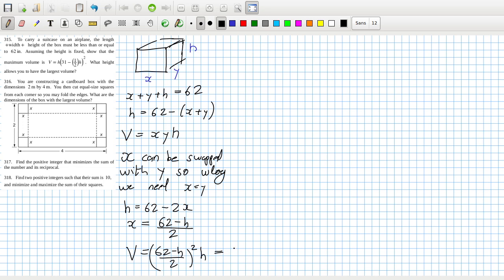Divide by 2. So that's H times 31 minus a half H, squared. So that matches up there. That's the volume.